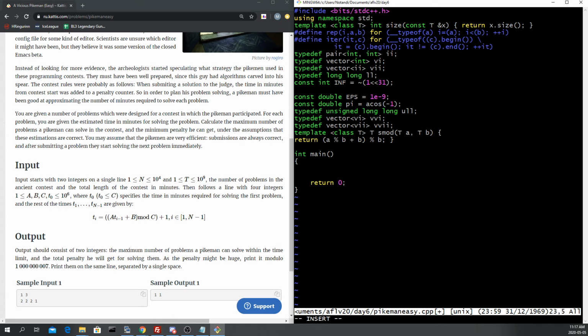Okay, so first we need to read the input. We have n, we have t. We have a, b, c, and t0.